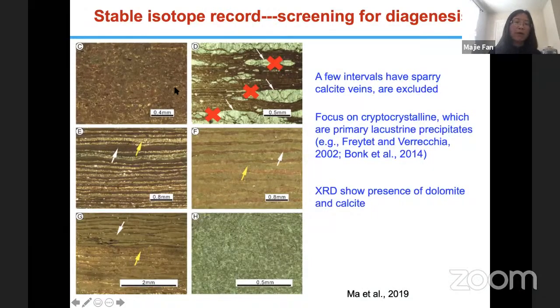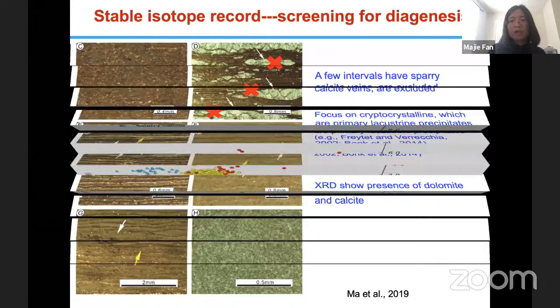We only focus on collecting our data from the intervals that have cryptocrystalline carbonate, which are primary lacustrine precipitates. We also conducted XRD analysis to show what the carbonate minerals are. The dominant carbonate mineral is calcite, but in some intervals dolomite is present.